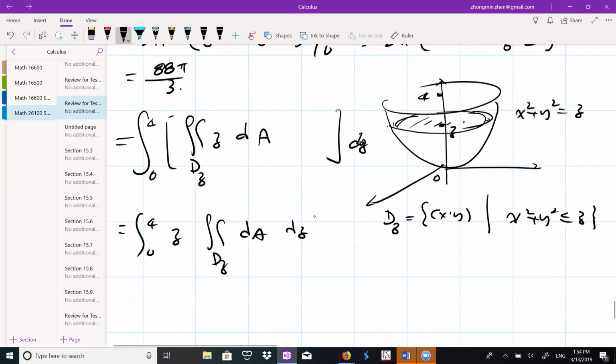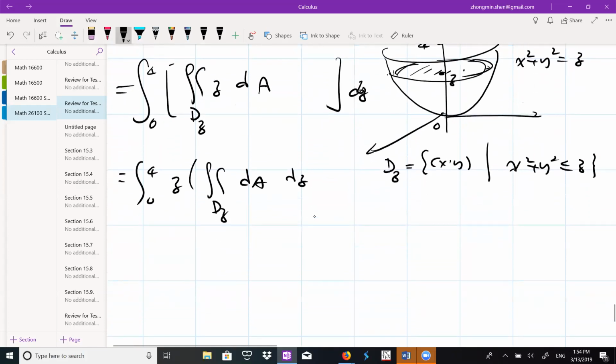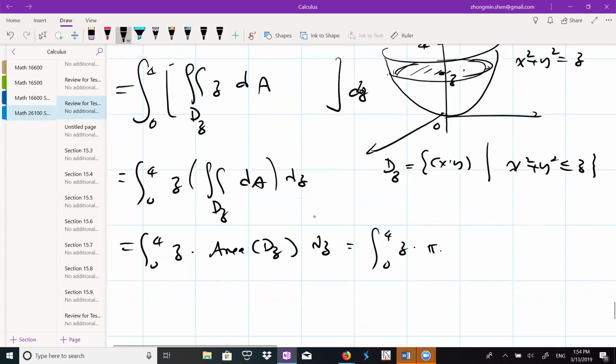Okay. Right? So this is going to be the area of this disk. The area of this disk is pi r squared. R squared is going to be z. Right?